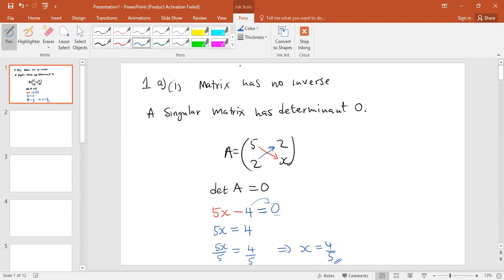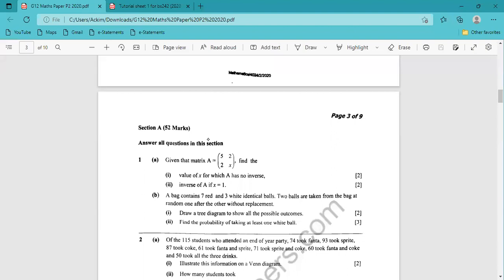Let's go to the next question. The next question is: find the inverse of A if x is 1. In this case, they want us to find the inverse of A, given that the value of x here is 1. So they are saying the value of x has been given as 1, and now we want to find the inverse of that matrix.